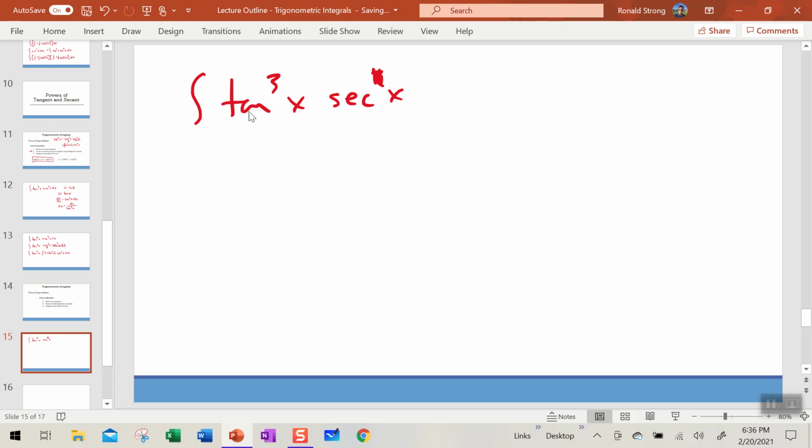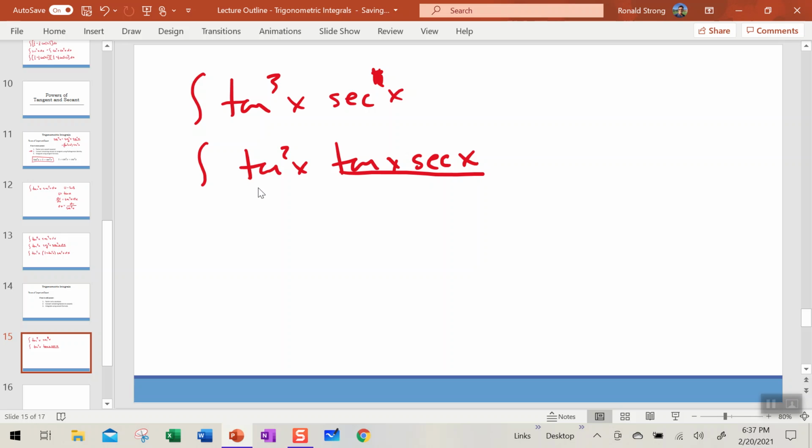What we want to do is factor a tangent out of the tangent cubed. So we would have tangent squared x times tangent x secant x. And we're going to leave this alone.